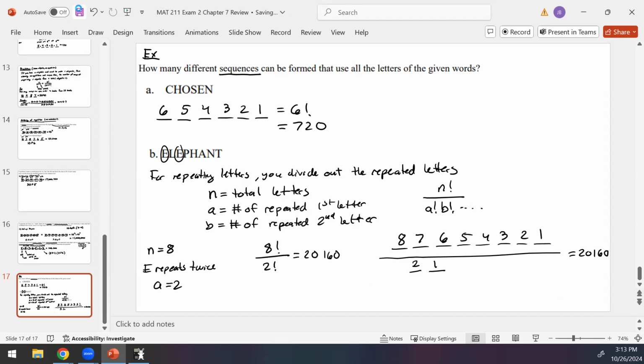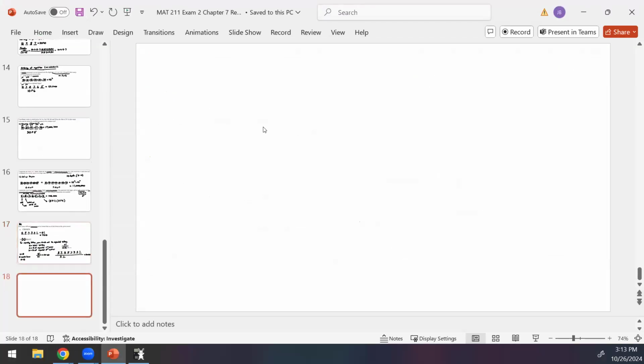All right, and then the last one from this same problem. So now "excellence." Again, first just count how many letters you have. So 1, 2, 3, 4, 5, 6, 7, 8, 9, 10. So there's a total of 10 letters.